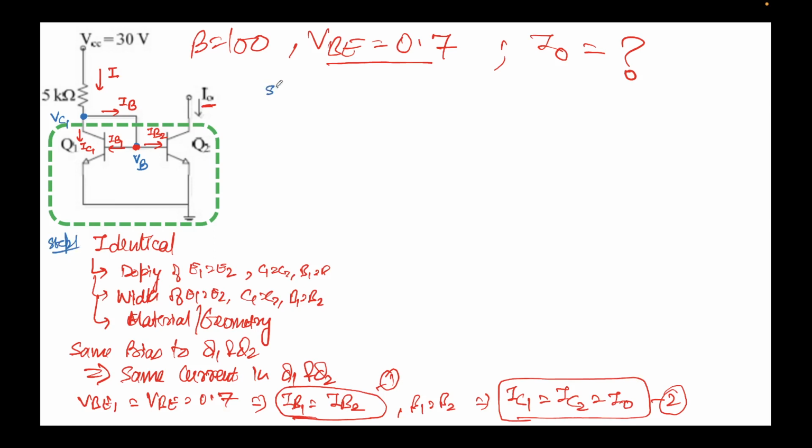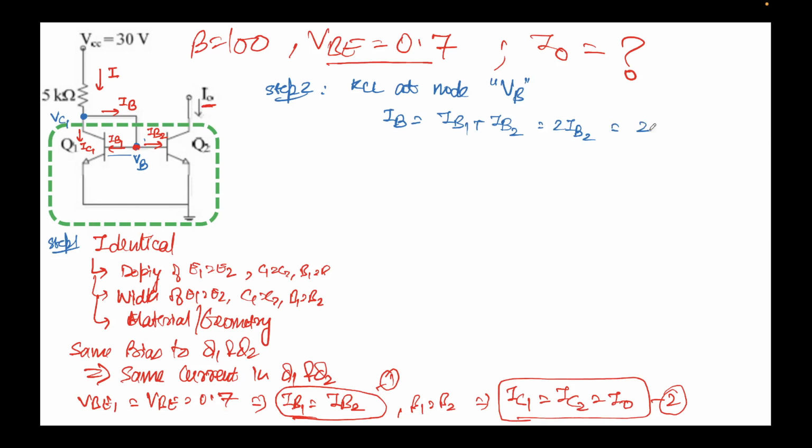Now let's do step 2. In step 2, I'm going to do KCL at node VB. The incoming current is IB, and there are two outgoing currents, one to the left, the other to the right. So it will be IB1 plus IB2, which I'll simply write as 2 times IB2, because IB1 equal to IB2, already obtained that.